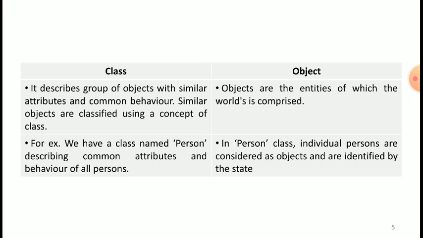Objects are the entities of which the world is comprised. Next, for example, we have a class named person, describing the common attributes and behavior of all persons. An object in the person class, individual persons, are considered as objects and are identified by the state. So that is the class and objects.